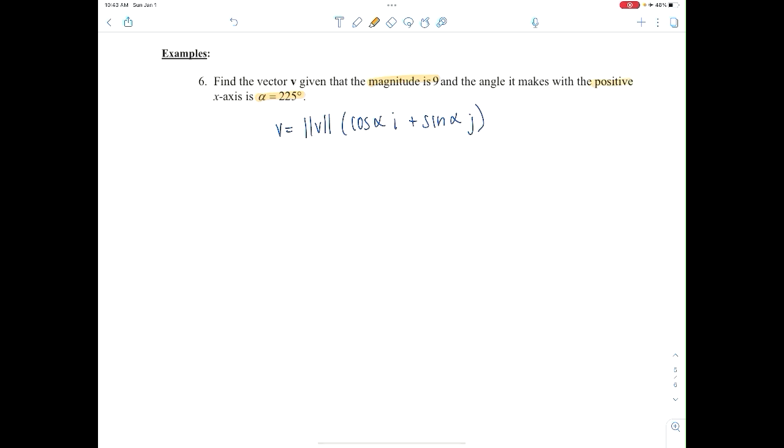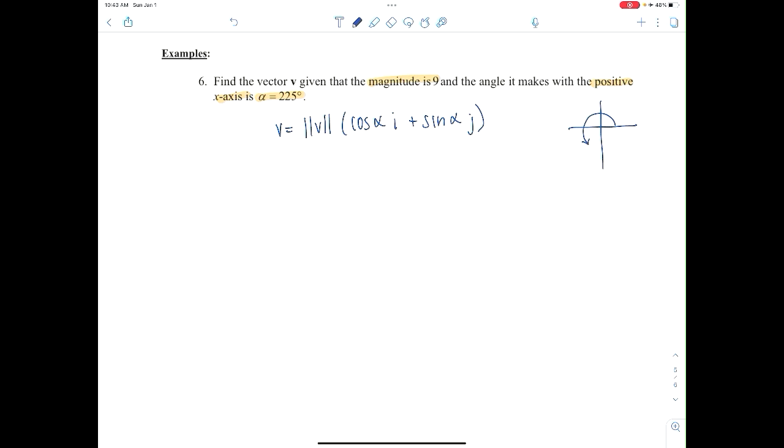Also, it's positive with the x-axis, so that is moving in the way that we're used to. It's moving 225 degrees from the x, so it's almost like our default. It's not moving in the negative direction.